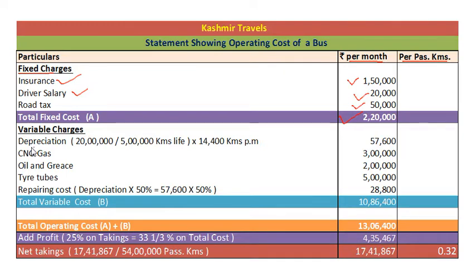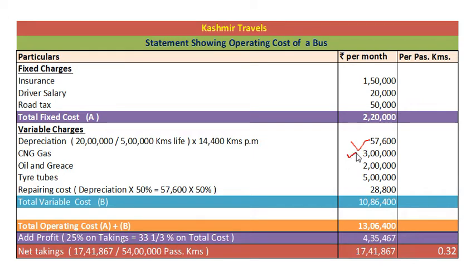Then variable charges. Depreciation cost: 20 lakh cost of bus divided by 5 lakh kilometers life of bus. So per kilometer we get 4 rupees depreciation. Depreciation per kilometer rupees 4, multiplied by 14,400 kilometers per month as we have calculated. So monthly depreciation amounts to 57,600.